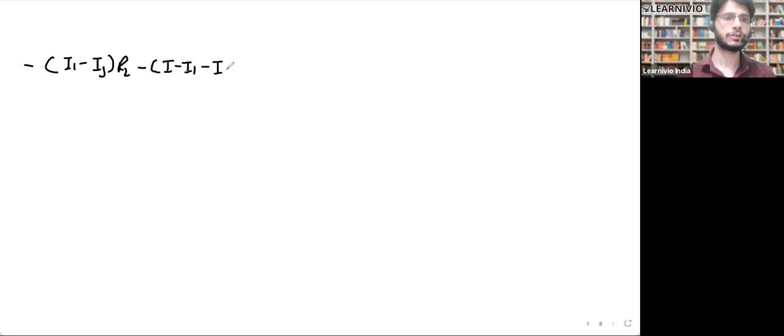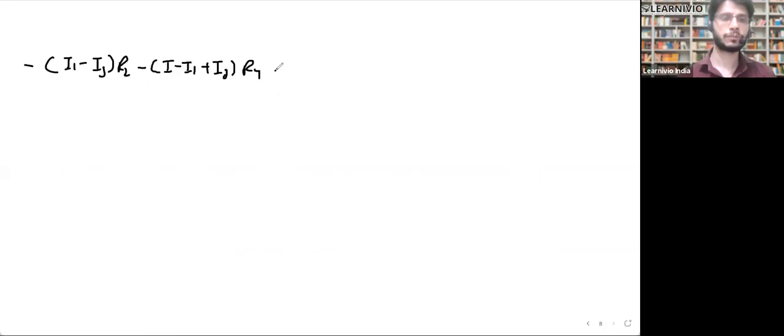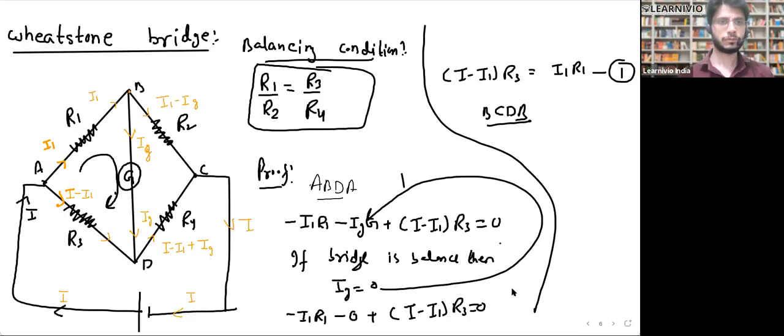Then you can move from D to B. When you move from D to B, this will be G into IG. Plus IG into G is equal to 0. Sir, it will be plus, right? Yes, it will be plus. BCDB.